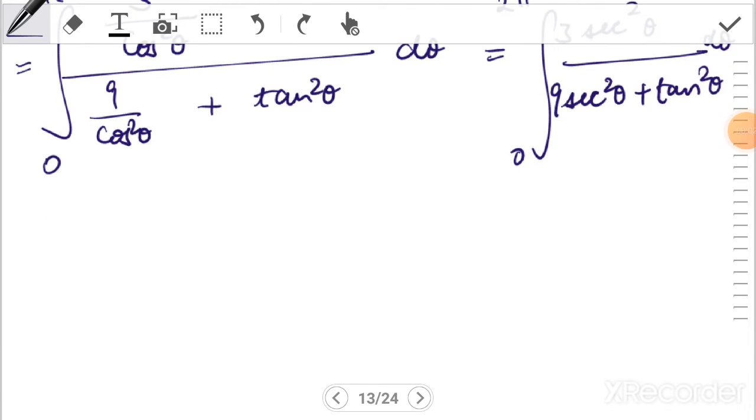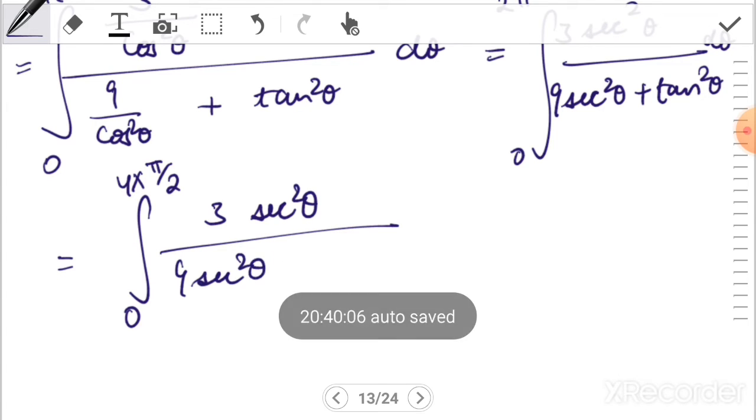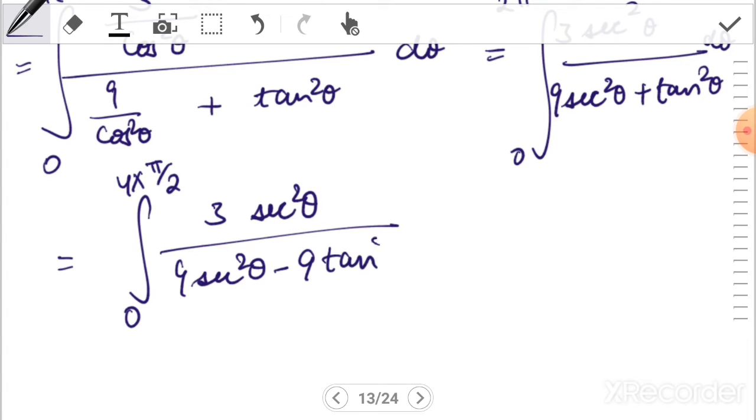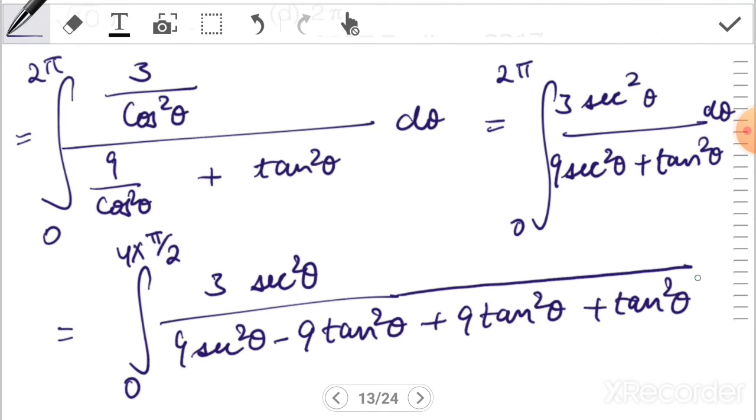Now this can be rewritten as 0 to 4 into pi by 2 of 3 sec square theta by 9 sec square theta, adding and subtracting 9 tan square theta. So minus 9 tan square theta plus 9 tan square theta and plus tan square theta. Why? Because we know that sec square theta minus tan square theta is 1.